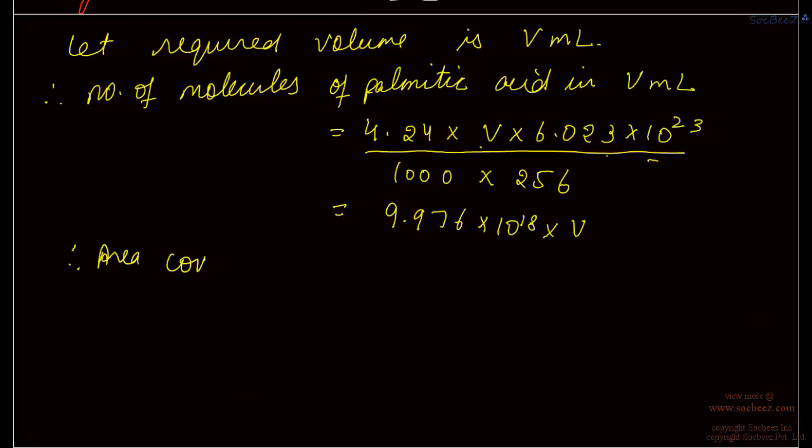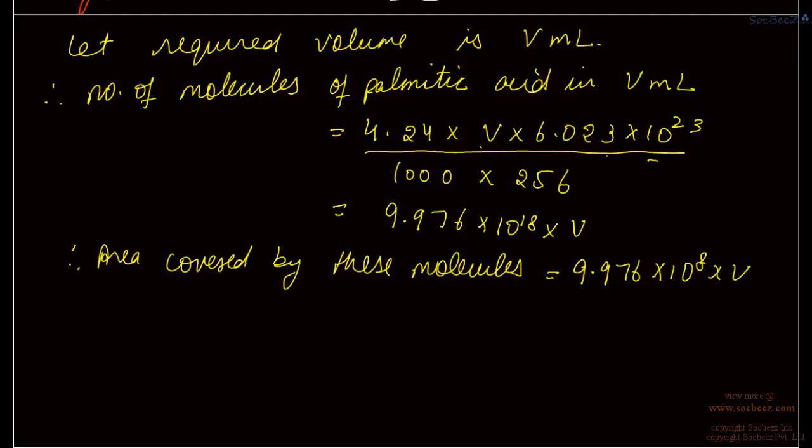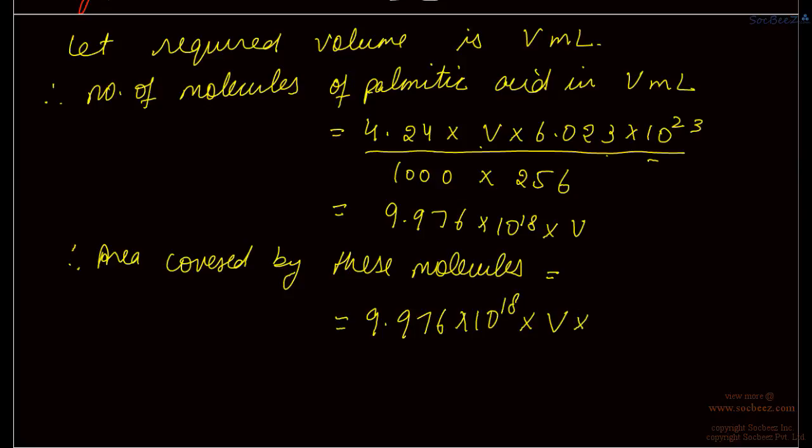Therefore the area covered by these molecules equals 9.976 into 10 raised to the power 18 into V into the area covered by one molecule, that is 0.21 into 10 raised to the power minus 14 centimeters squared.